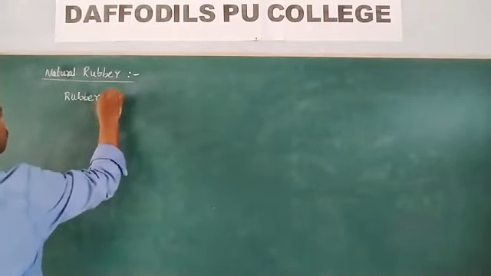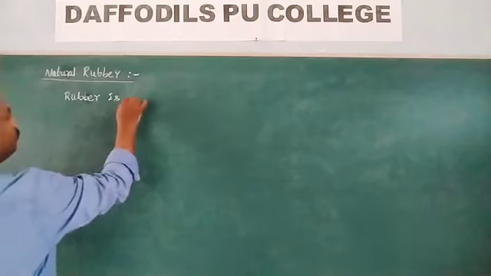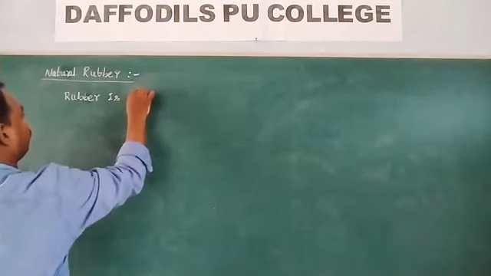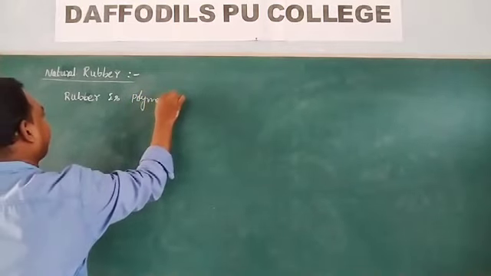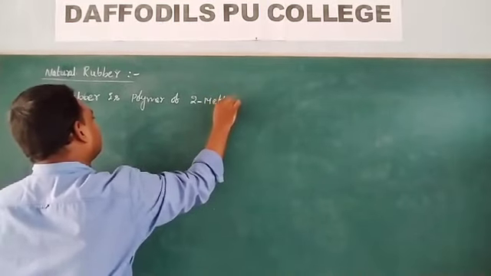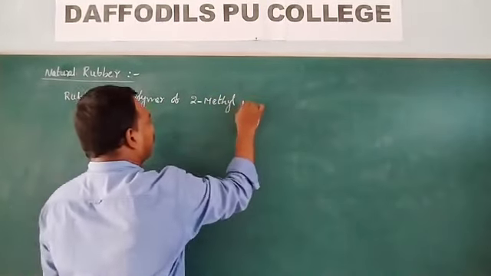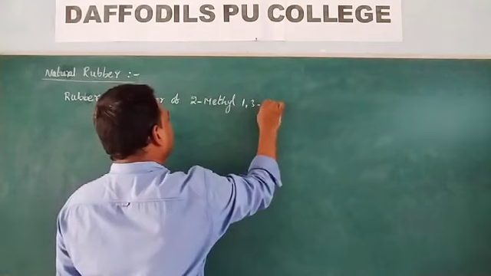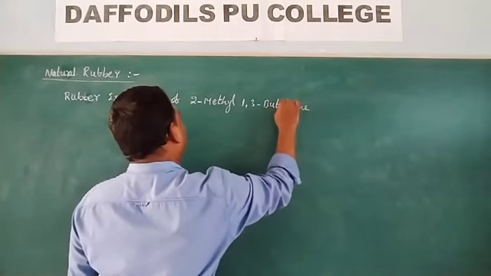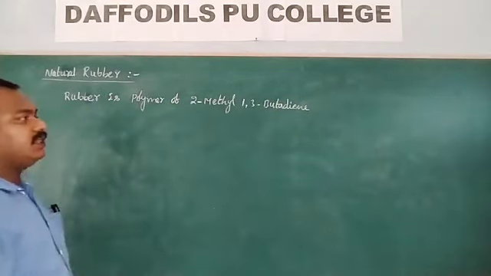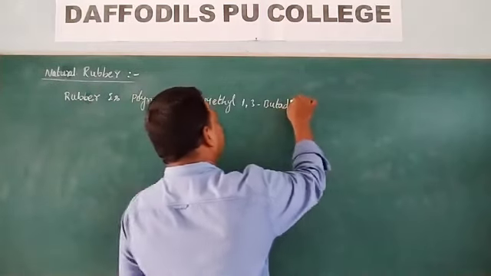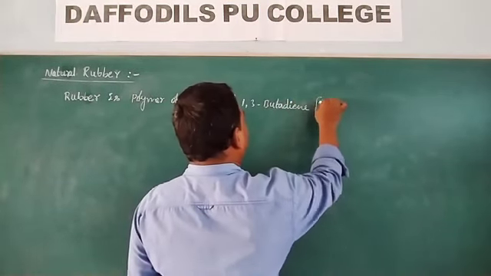Rubber is a polymer of 2-methyl 1,3 butadiene. Rubber is a polymer of 2-methyl 1,3 butadiene. It is also known as isoprene.